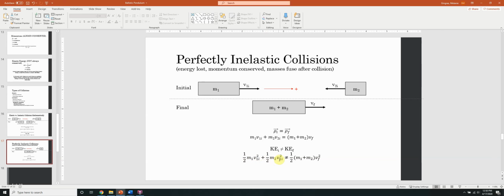Okay, if we wanted to find the kinetic energy after the collision, which of course is going to be less because we're going to lose some energy in the collision, that would be equal to 1/2 m1 plus m2 times v final squared.